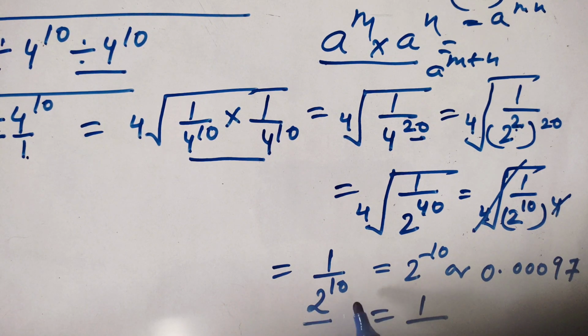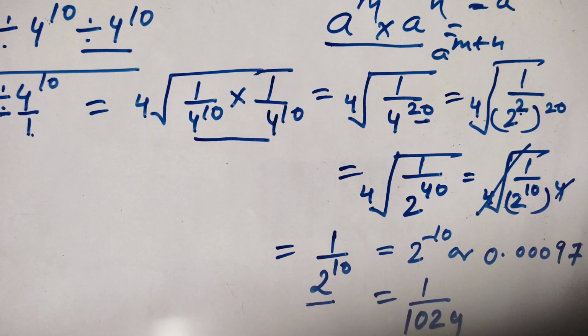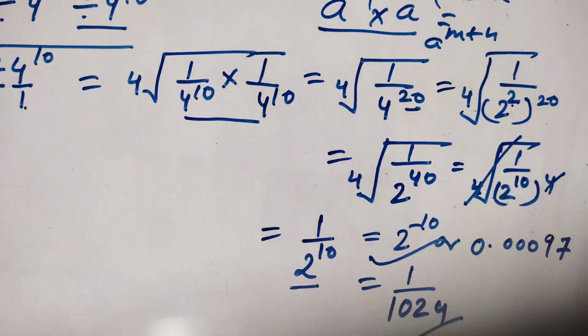If you expand this 10 times, your answer is 1 upon 1024. So these are the 3 answers. You can write any one answer. The easiest answer is 2 raised to the power minus 10.